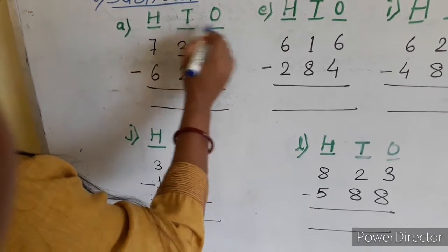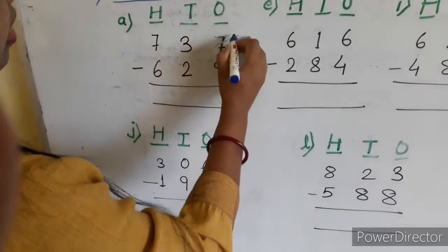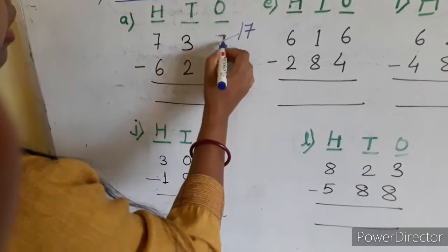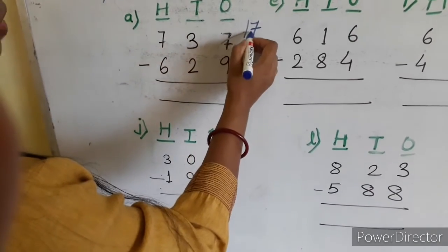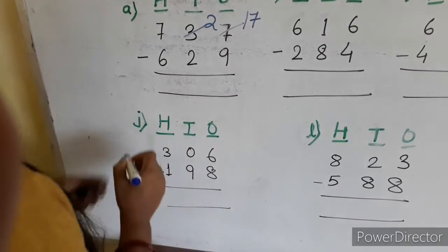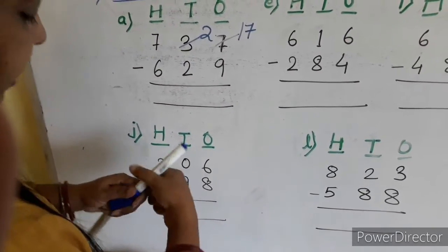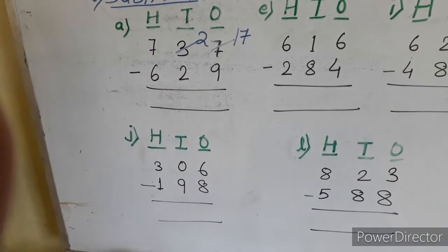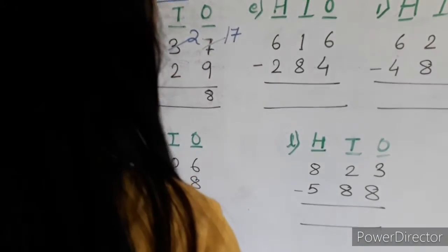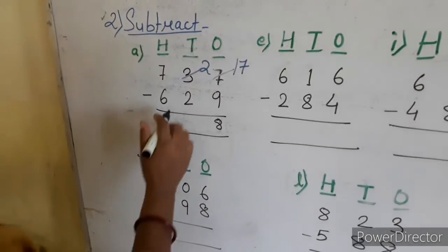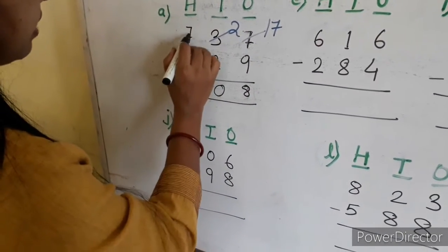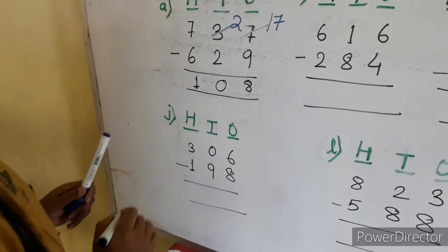So we have to take tens from here. Just cut it and make it 70. If we add 10 with 7, then it will be 17, and here it will be 2. Now we will write the answer. This one will be 17 minus 9 is 8, and here 2 minus 2 will be 0, and 7 minus 6 will be 1, like this.